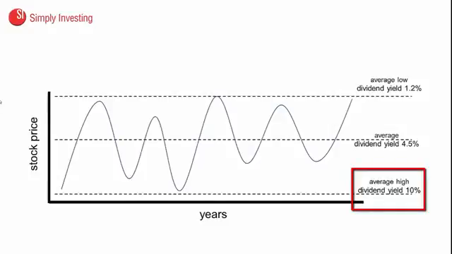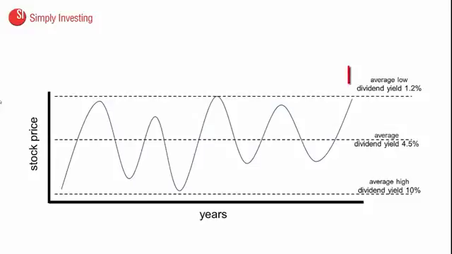So now you know if the current yield today is only 6%, the stock really isn't that much undervalued because on average, the high dividend yield has been 10%. So when it gets close to 10%, maybe 9.5%, maybe 9%, or even 10.5%, that is going to be the ideal time to buy the stock.